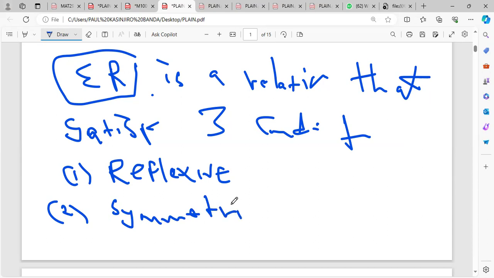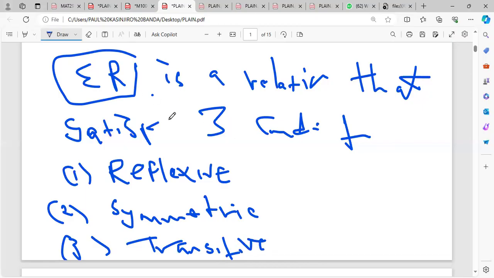If you forgot these things, you have to remember, right? And three, that relation has to be transitive. If you have a relation that satisfies the properties of reflexivity, symmetry, and transitivity, then that relation is known as an equivalence relation.